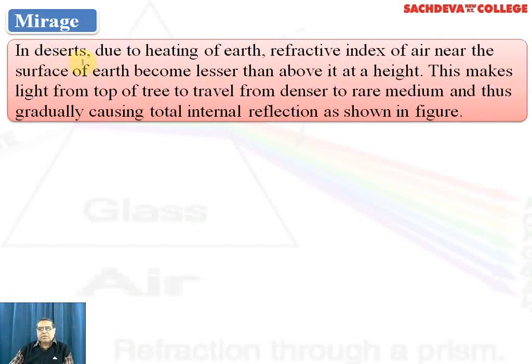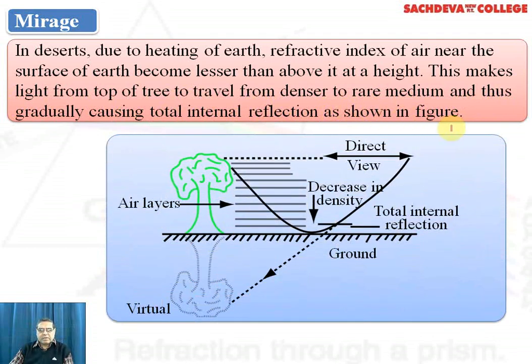In deserts, due to heating of the earth, the refractive index of air near the surface of the earth becomes lesser than above it at a height. This makes light from the top of the tree travel from denser to rarer medium, and therefore gradually causes total internal reflection as shown in the figure.